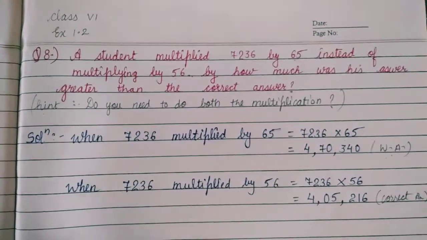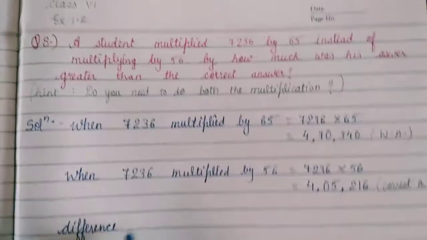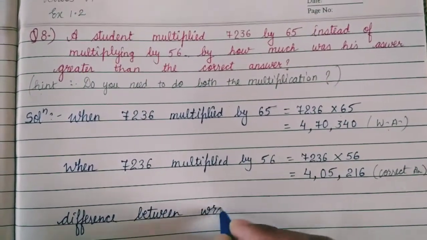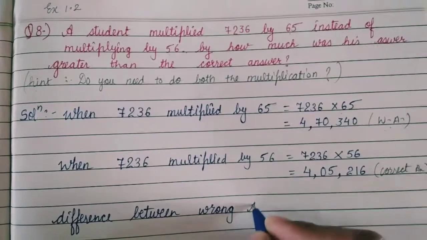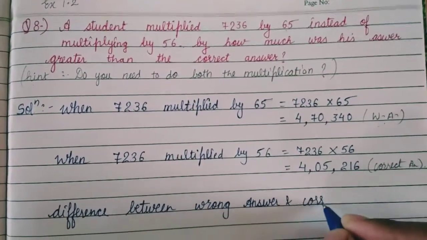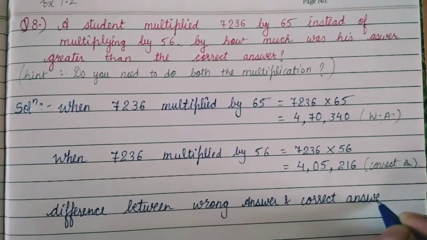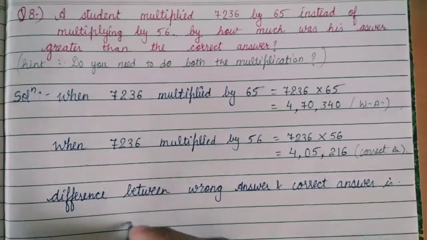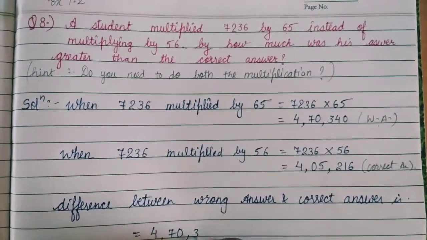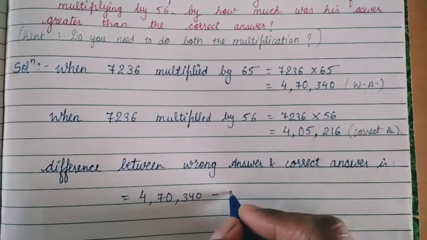So the difference between the wrong answer and the correct answer is, simply we will subtract 4,05,216 from 4,70,340.